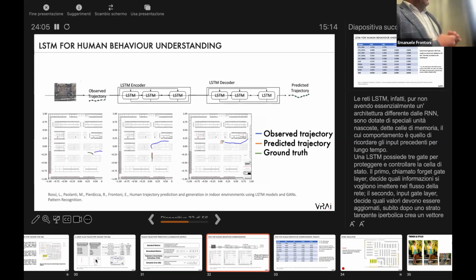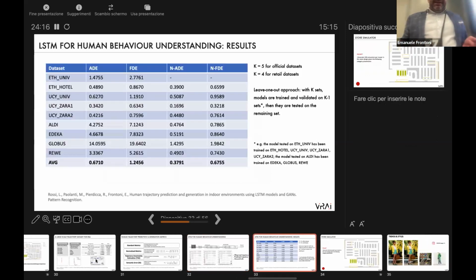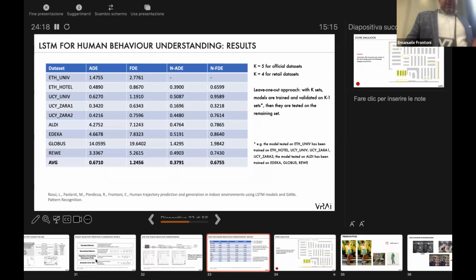And you can see that the predicted and generated trajectories are really, really nice, even if you can choose to go on the right, on the left, straight on. And the results are still today the best that we can have on this kind of data sets, and there is no other paper that is overcoming these results. But why am I telling this story?